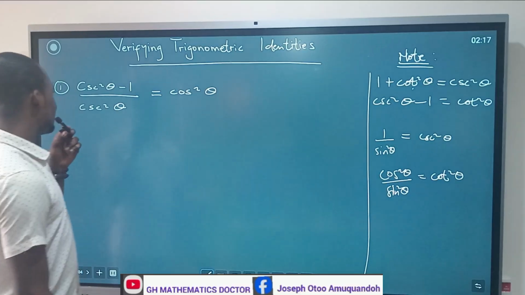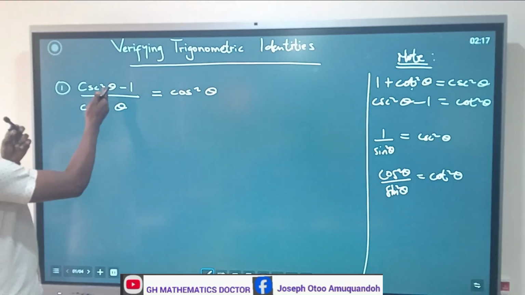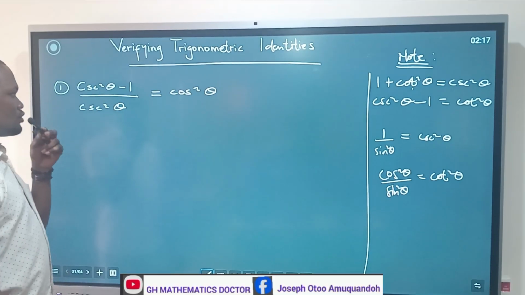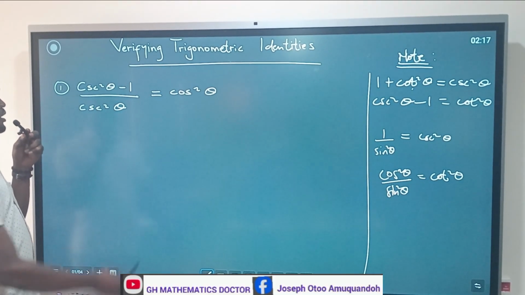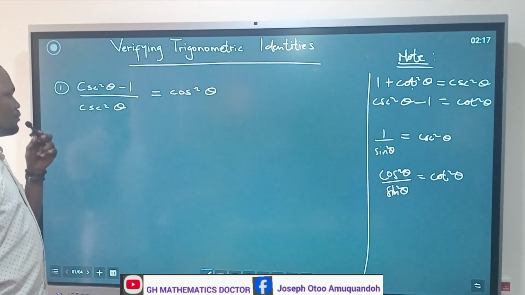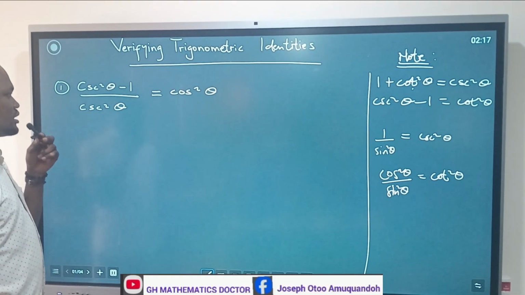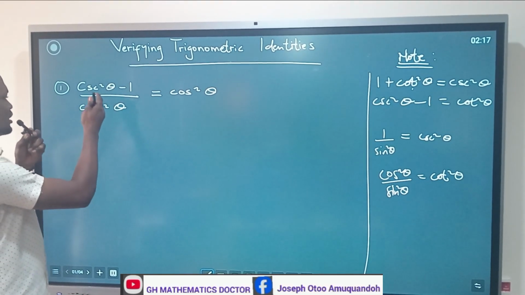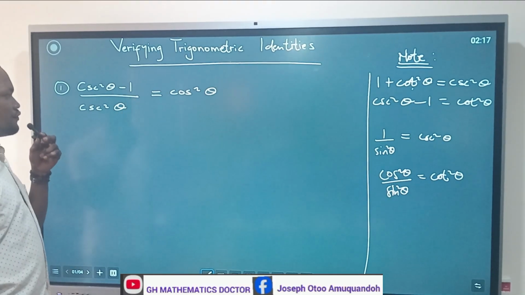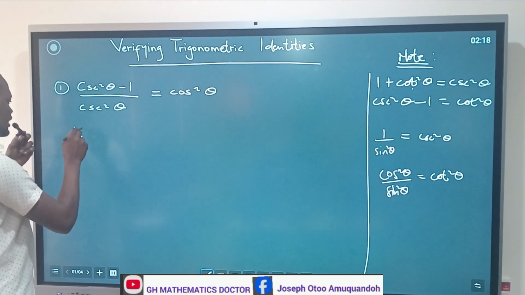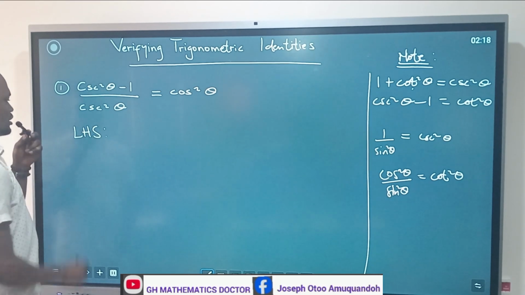The first one says the identity should be equal to cos square theta. So you can see the left hand side is more complex than the right hand side. So you are going to verify the left hand side to be in the same form as the right hand side. So we are going to take the left hand side and work with it.